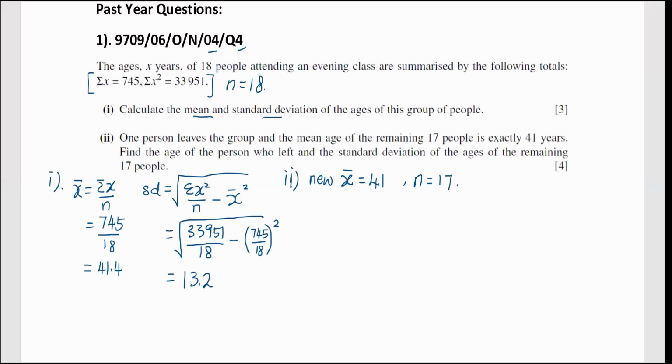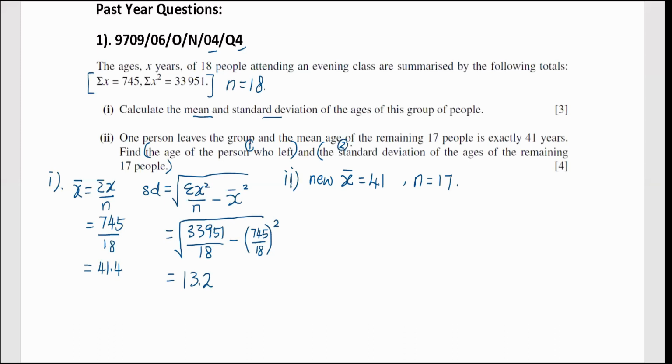Find the age of the person who left, that is one thing. And then we have to find the standard deviation of the ages of the remaining 17 people. So that will be the second thing we need to determine.